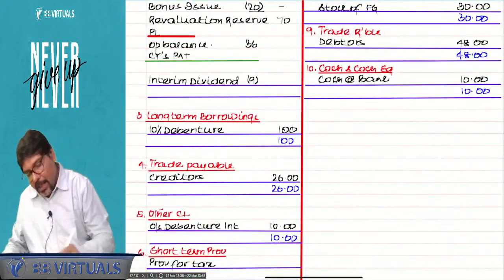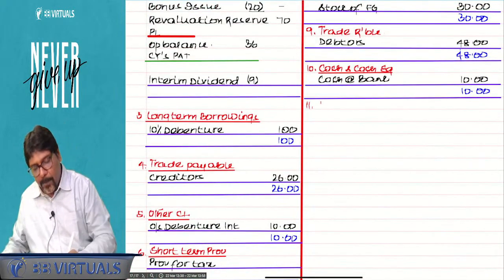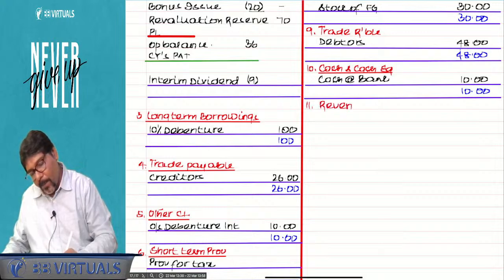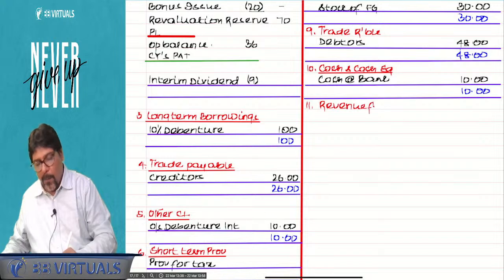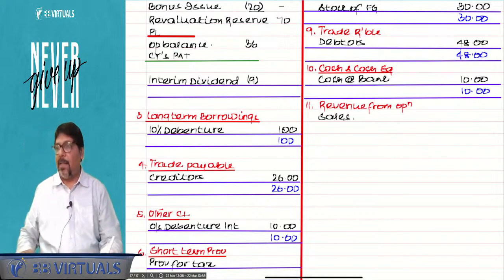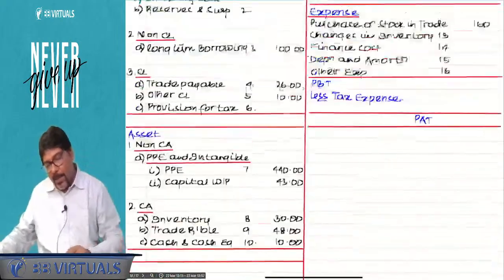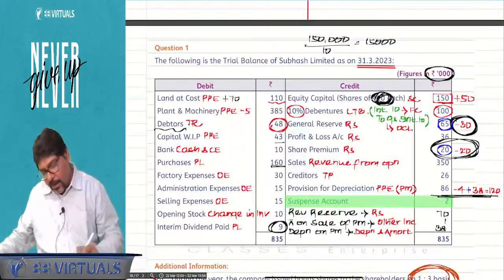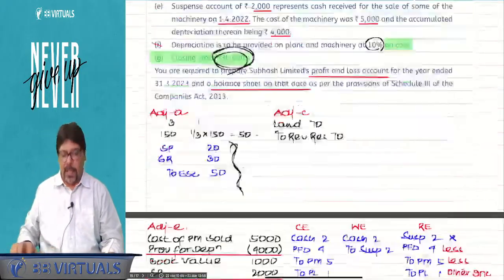Thereafter, 11. Revenue from operation. In that we have sales. Sales is how much? 350. Sales is 350.